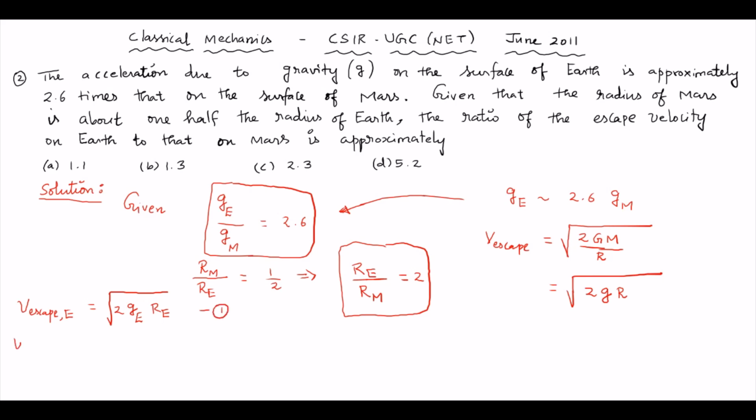Similarly, V escape, the escape velocity of the planet Mars, will be the square root of 2 g_M R_M. Call this equation number 2.